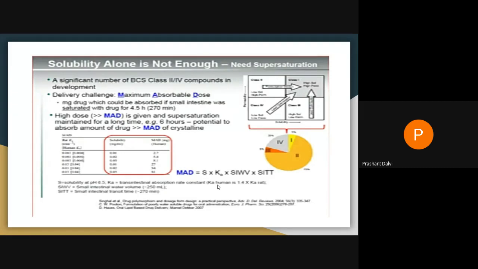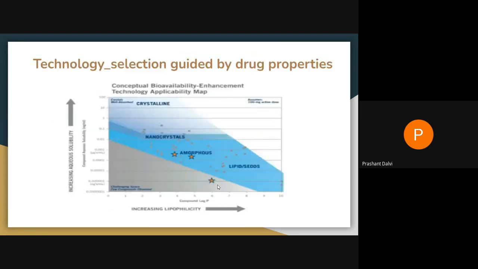But later on, after 4 to 6 hours, there may be chances of recrystallization and nucleus formation, and absorption of such drugs will be delayed. Yes or no? So accordingly, you need to select the process for the formulation of that particular drug compound.